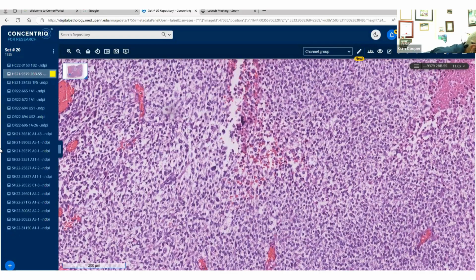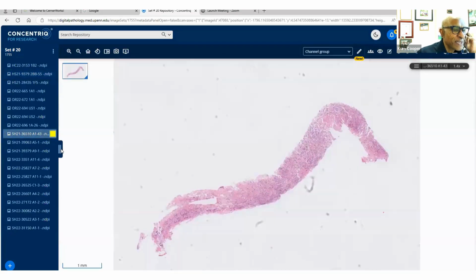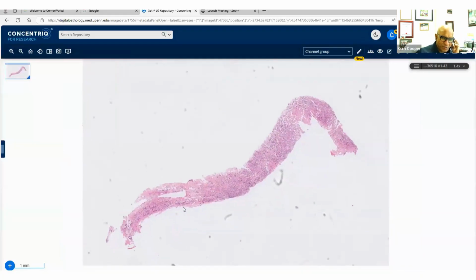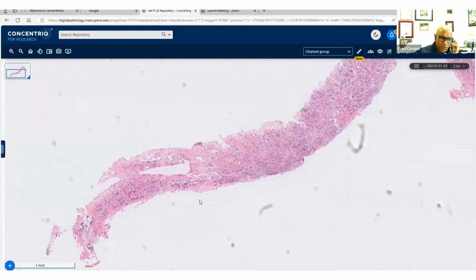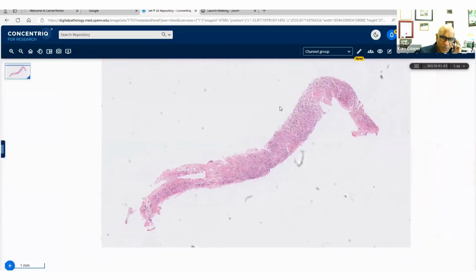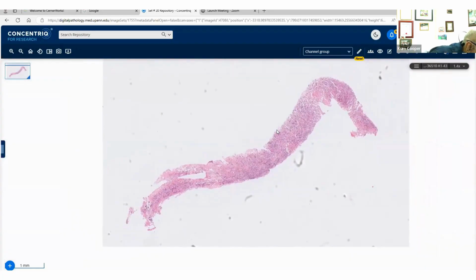Let's take another tumor. Let's try this one. Earlier Ranjan talked about a tumor in the uterus. I just want to share this one with you. As you can see, this is a needle core biopsy of a uterine mass.